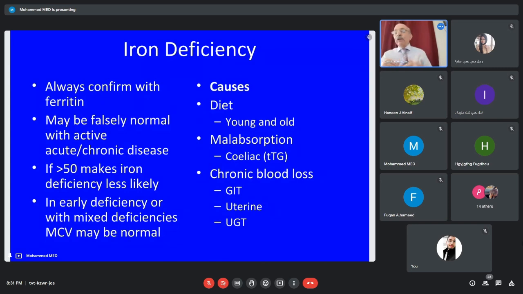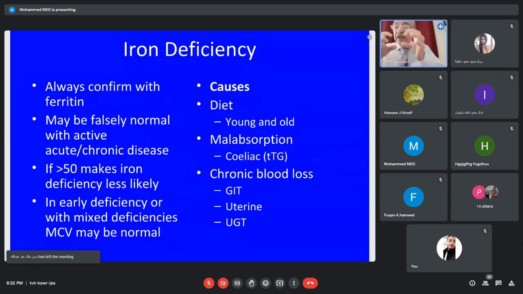If you are using the automatic analyzer, it will give you a normal MCV. Why? Because there's microcytosis and there's macrocytosis, and the automatic analyzer will take the resultant. Resultant means the summary of both, so the MCV may remain normal.